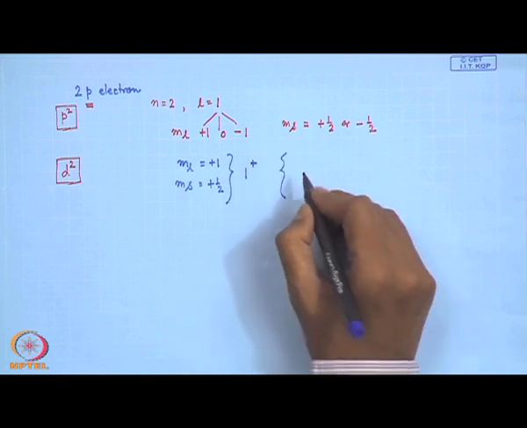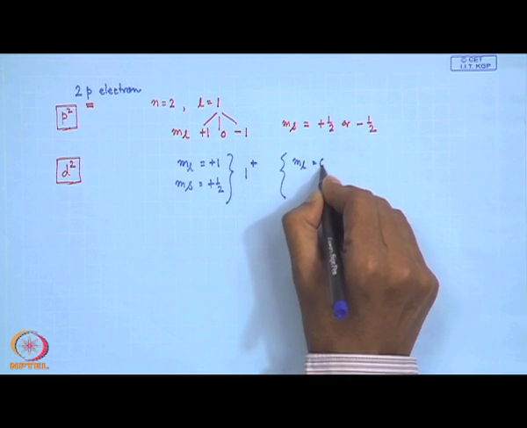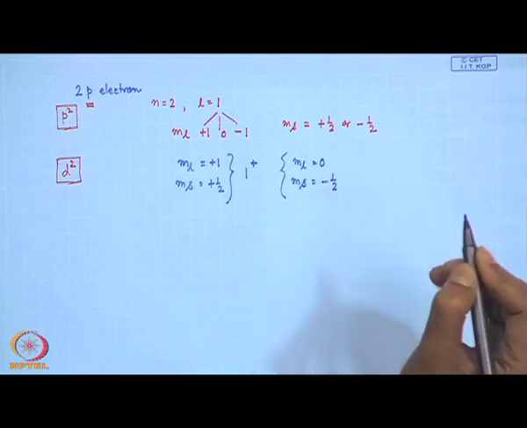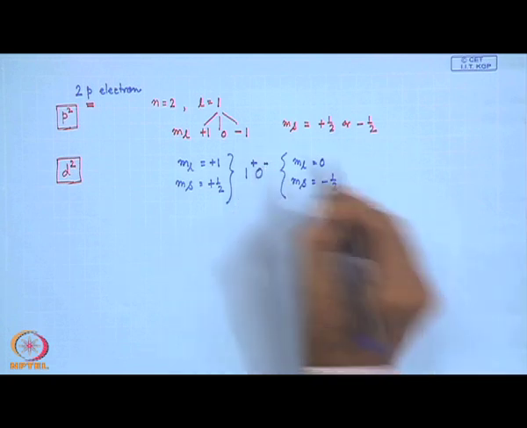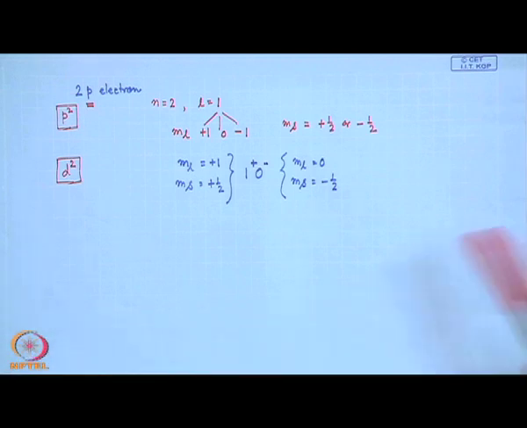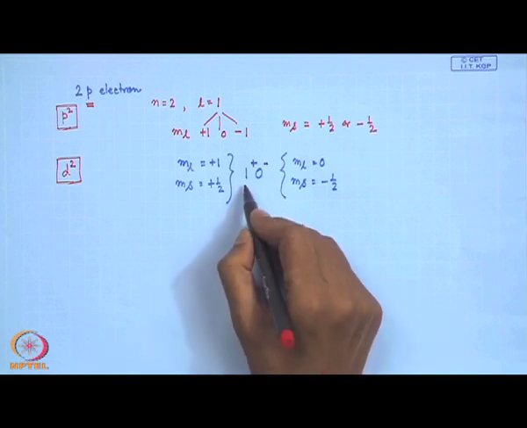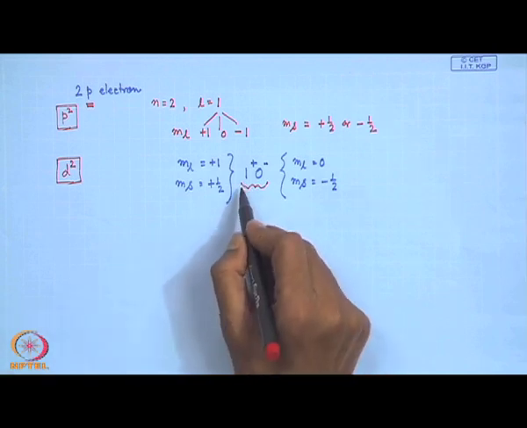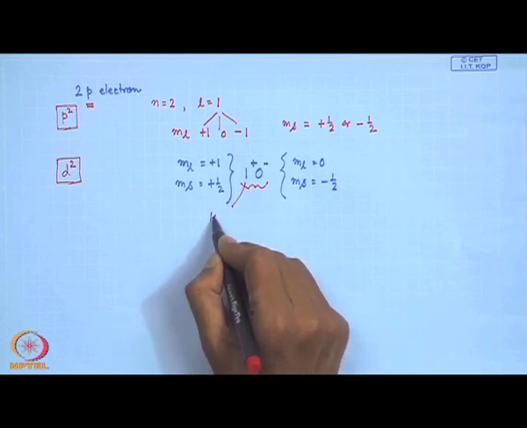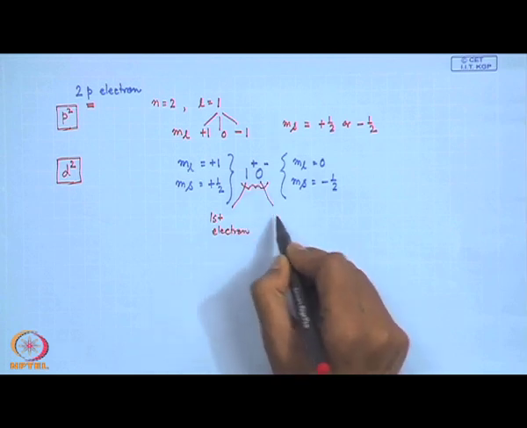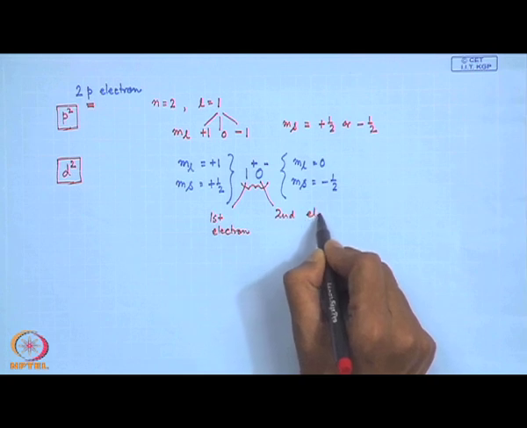Similarly, for the second electron, if we take ml equal to 0 and ms equal to minus half, we will have 0 minus. So, this is a state where the 2 electrons can be classified by this abbreviated labeling, 1 plus 0 minus, where the first label is for the first electron and the second is for the second electron.